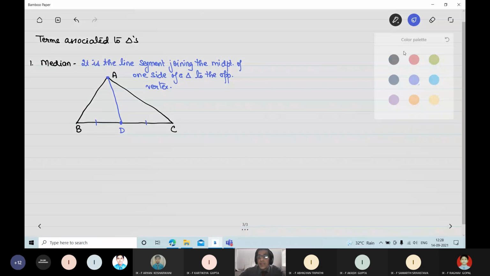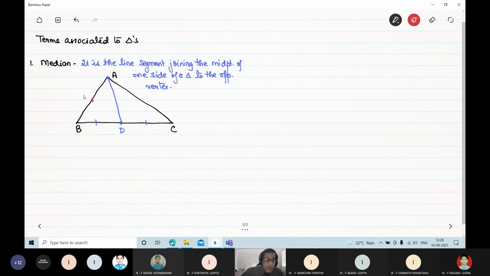Similarly, AB is the other side. Let's say E is the midpoint of AB. So AE is equal to BE. And if you join it to the opposite vertex, which is C, this is the other median. Is this clear, children?